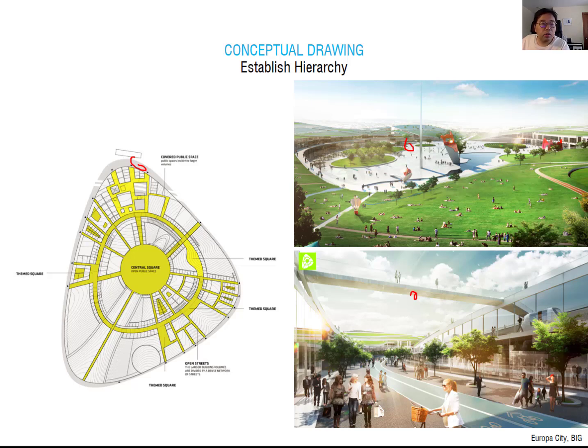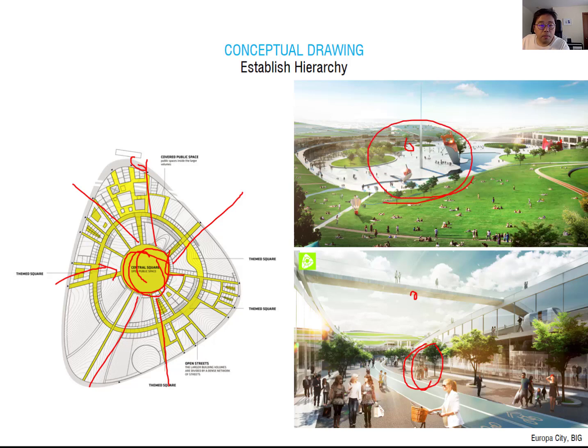Basically from your decision, you have to consider the middle piece here, the center piece. This is a major public space. It has to be made much bigger, considering it as the major gathering space, and you also consider some sub connections here. This diagram and this rendering show that. With the major gathering space here, more people can engage with the building.